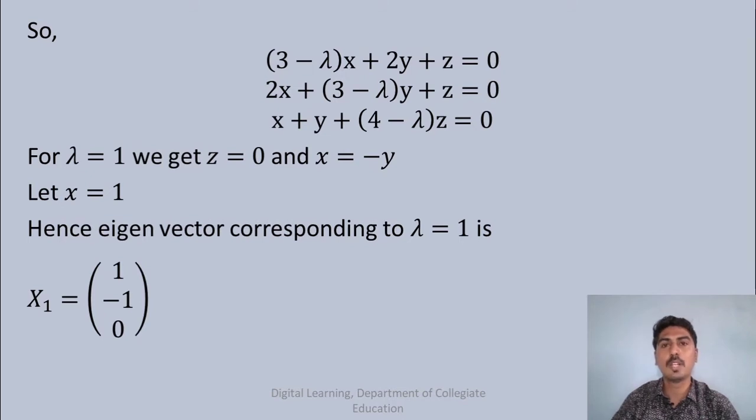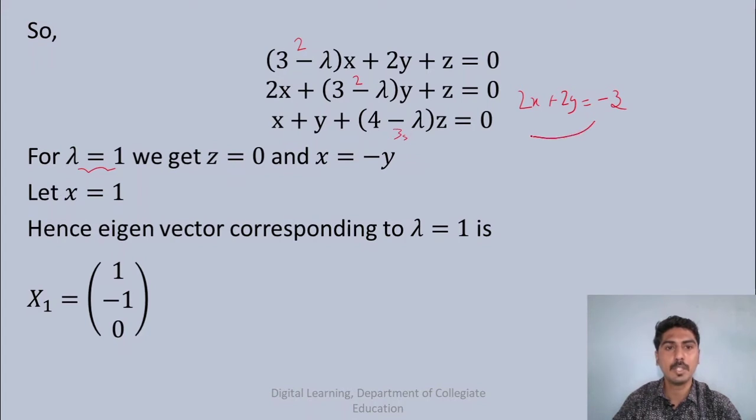Now to find out the eigenvector for lambda equal to 1, I substitute lambda equal to 1 here. Here I get 2, here I get 2, here we get 3. Here we have 2x plus 2y equal to minus z, or x plus y equal to minus z by 2.